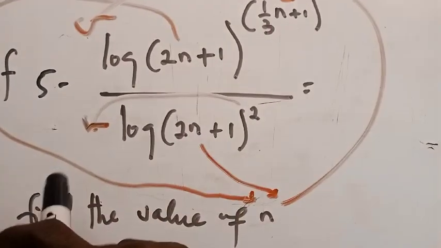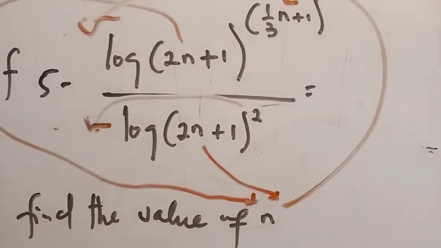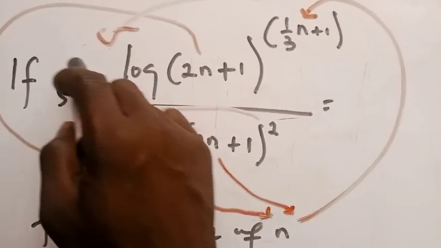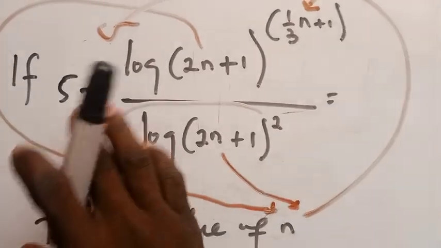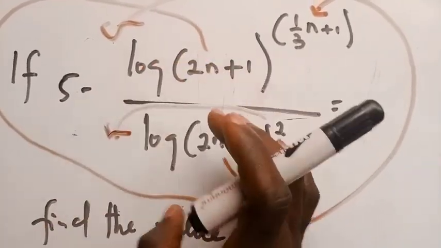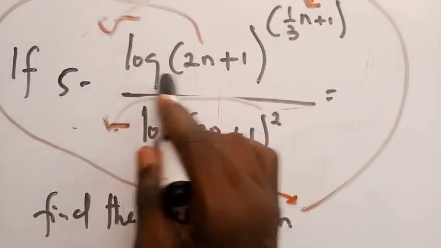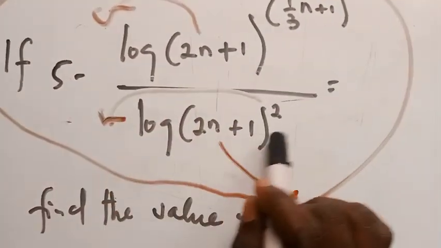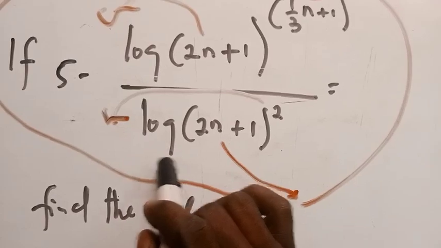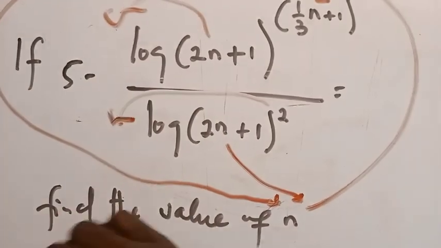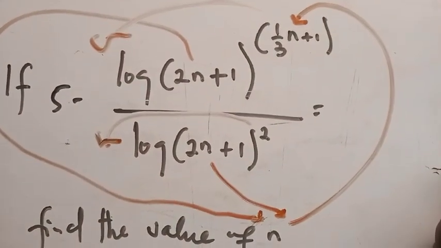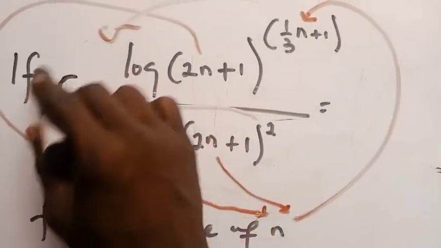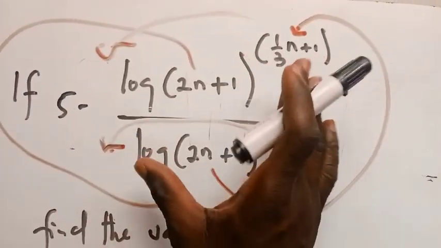Now the first step in solving this particular problem is to make sure that this 5 vanishes out of the logarithm family. What I mean is that everything here is affecting this logarithm, and everything down here is affecting this logarithm. But remember, the 5 has no logarithm sign attached to it. So why don't we take the 5 from this house?